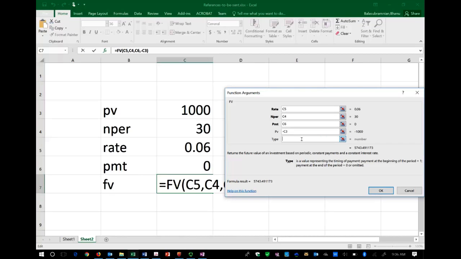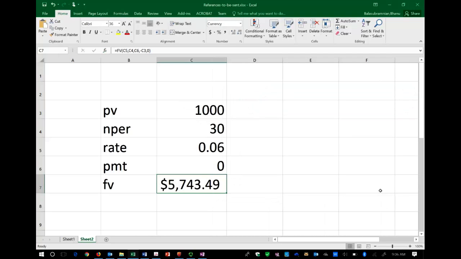If you are using a calculator, there is a begin mode and end mode. And 0 is the default, the end of the period is the default. So, even if you do not put 0, it takes 0 as default. So, if I say 0 and say OK, let us see what we get.